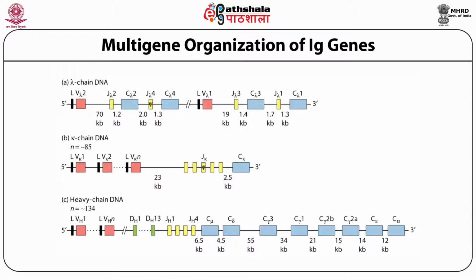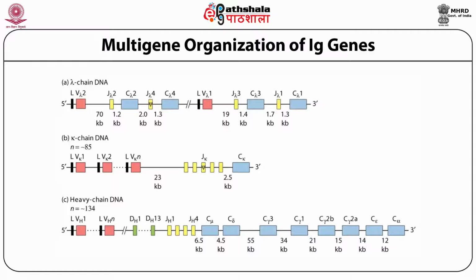The kappa DNA is present on a different chromosome. It is also made up of variable as well as J segments. The variable and J segments are separately present on a single chromosome, far apart from each other. During differentiation, one variable segment comes in contact with one J segment, and the intermediate DNA sequence is spliced off.